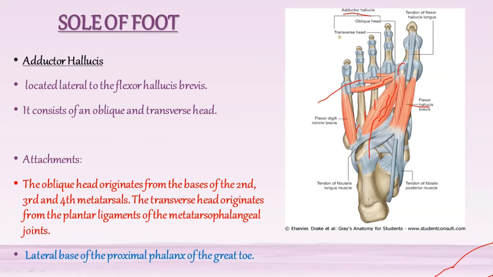The adductor hallucis has a transverse head and an oblique head. This is the oblique head which arises from the base of the third, fourth and fifth metatarsal, and the transverse head arises from the plantar ligament. This is the plantar ligament. Both these heads insert on the proximal phalanx of the great toe on the lateral side.